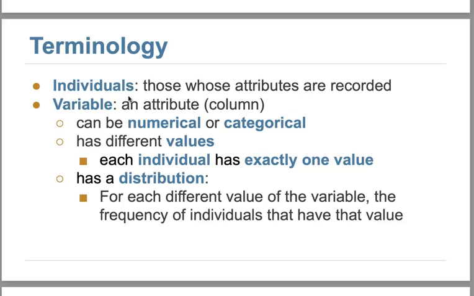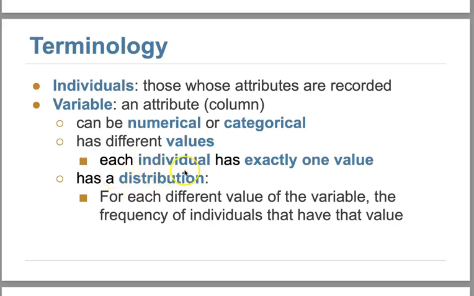So individuals are the entities whose attributes are recorded. Each individual has all the attributes from our tables. Each attribute, that is, each column, we can call a variable as well. Each variable can be a numerical attribute or a categorical attribute, and they all have different values.